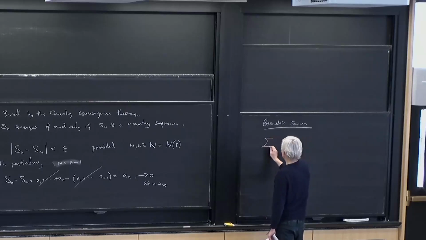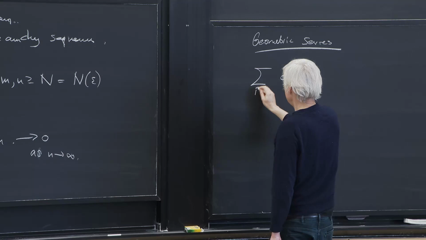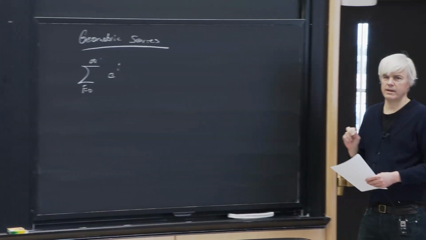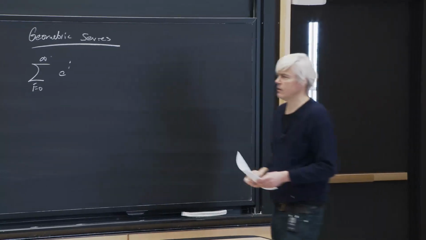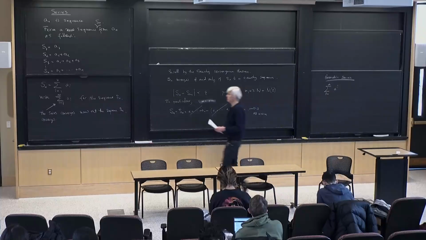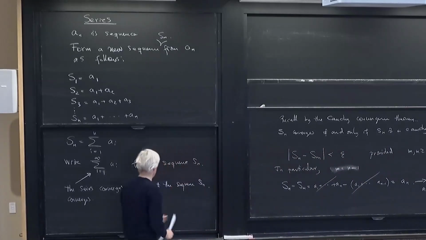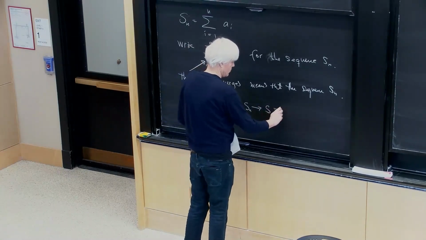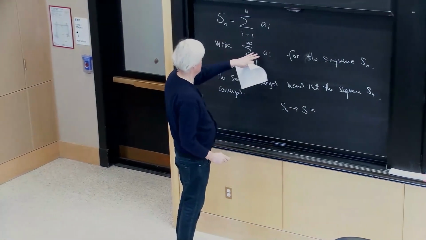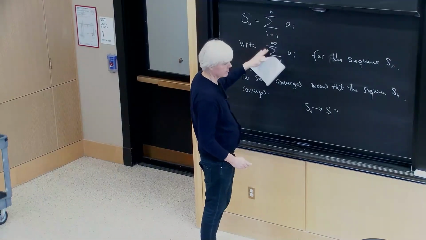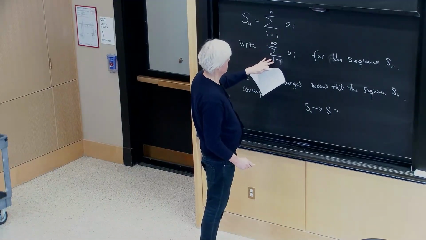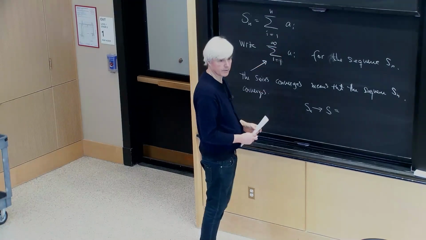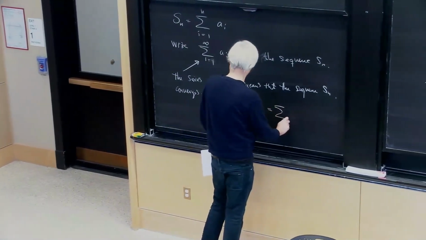If you take a series, to say that it converges means that the sequence S_n converges, and the limit is denoted by the same thing. That's where the abuse of notation comes in: the expression plays the role of the sequence, but it also denotes the limit. That's just standard.